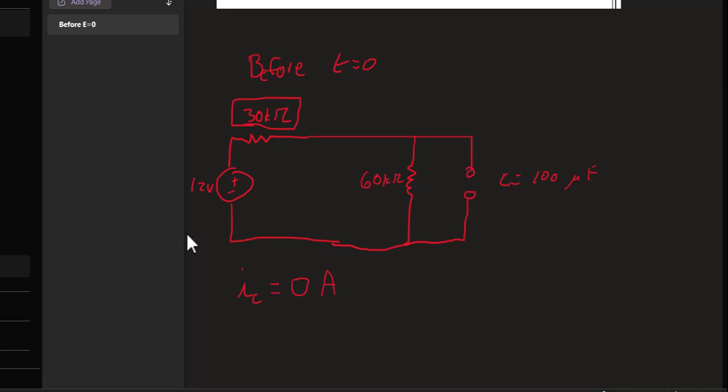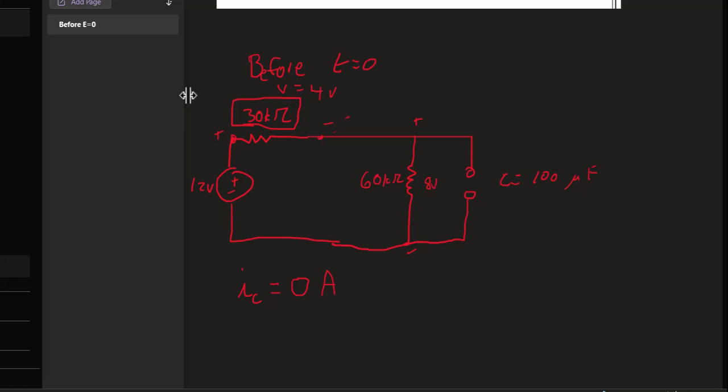And so I can look at this and say, well, I know that the voltage change across this 30 kiloohm resistor has to be 4 volts, and the voltage change across the 60 kiloohm resistor has to be 8 volts. But that's because I've been doing this a while.